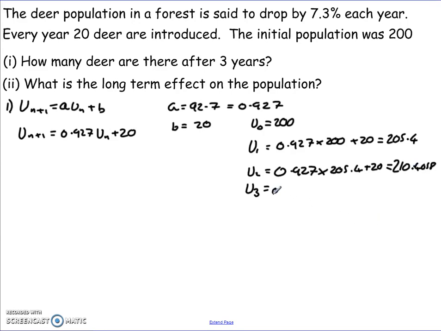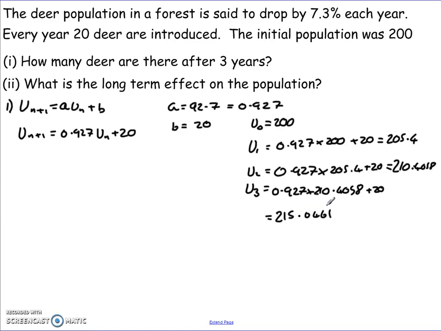And then u_3, our third year, the one we're ultimately after, is 0.927 times this one here, so times 210.4058, plus 20 on the end again. So extra 20 they're adding in each year. What this then gives me is 215.0461.